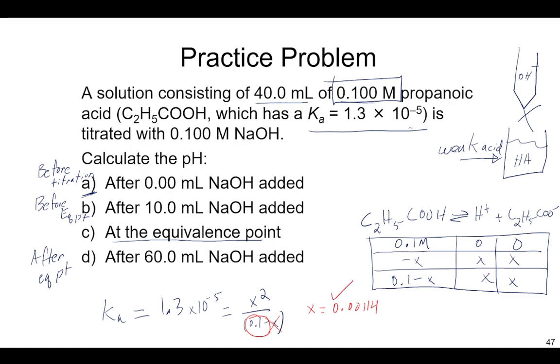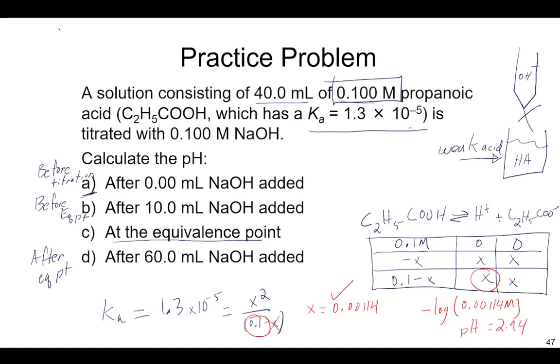And now this X represents my H plus concentration, so now I can just take negative log of that concentration, 0.00114 molar, to get my pH here for part A of 2.94. Right, so that's a problem we've done previously in previous videos where it's just the pH of a weak acid. That's all it is before the titration starts.